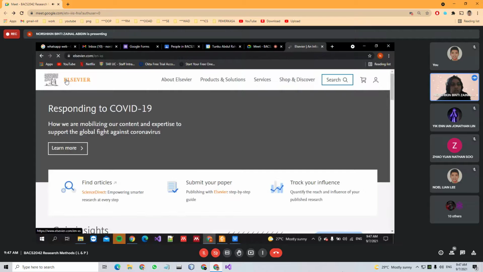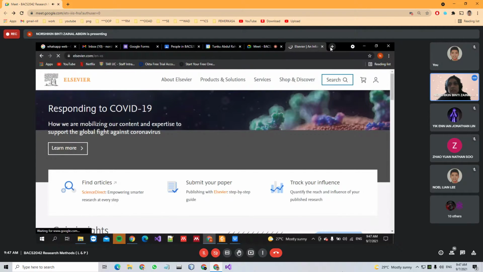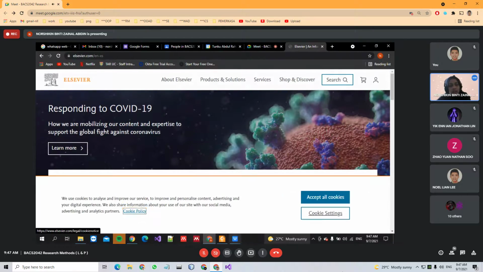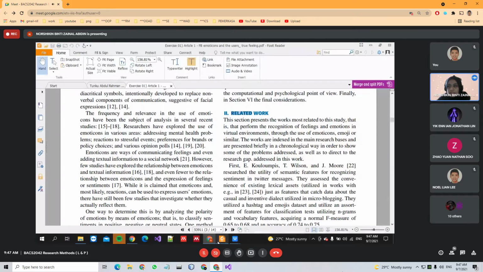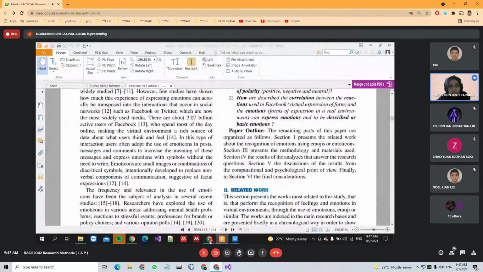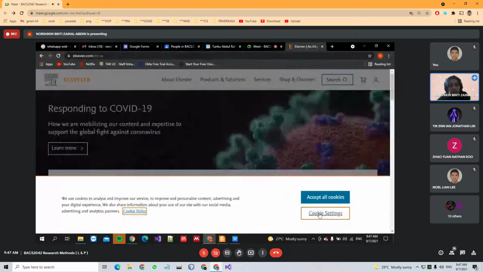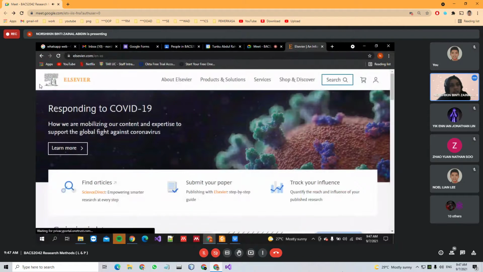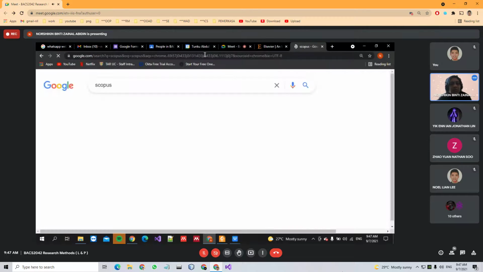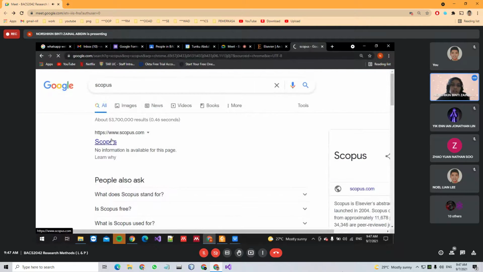But Elsevier is more to medical, although sometimes you will find relevant information. If I'm not mistaken, there's one for your research, for us, computer science.